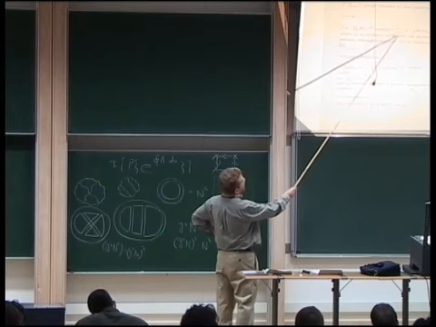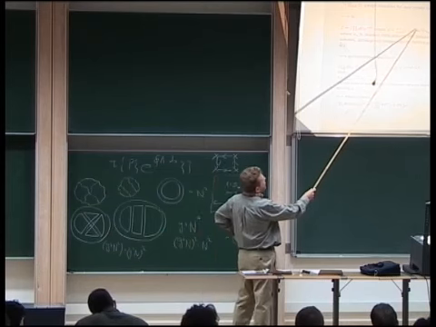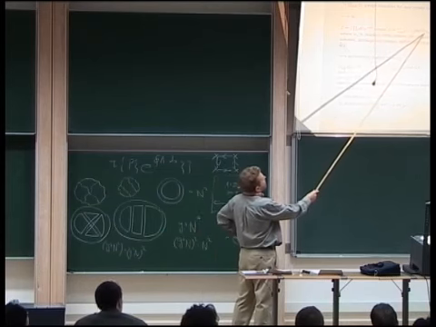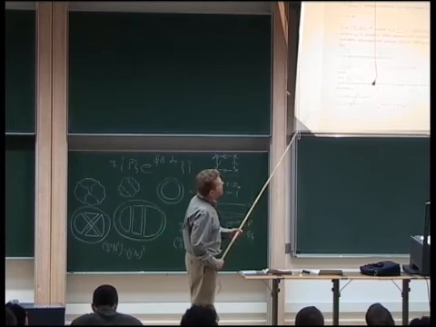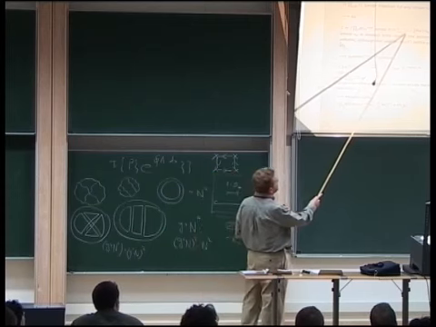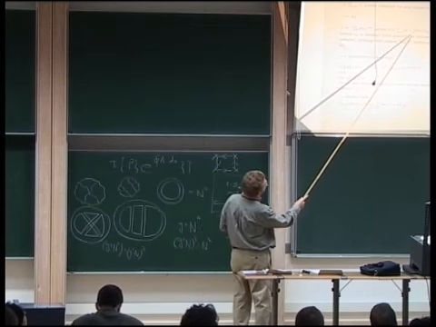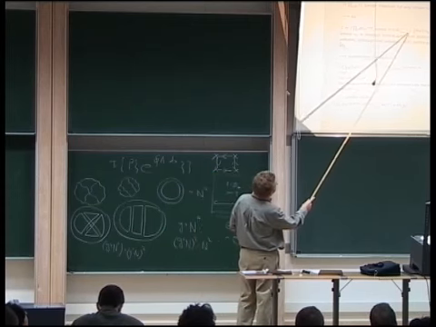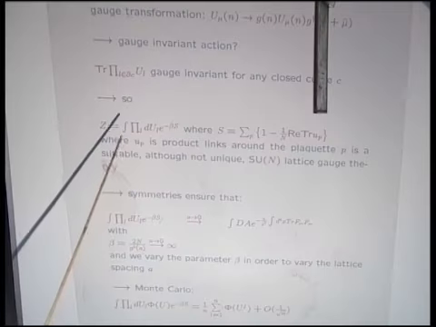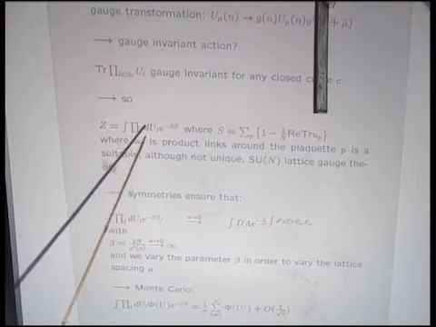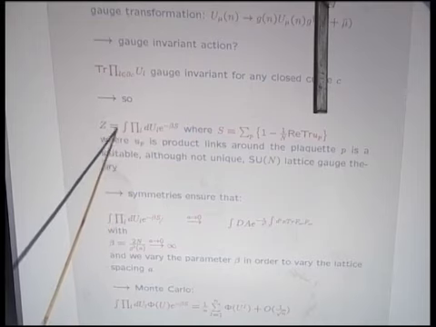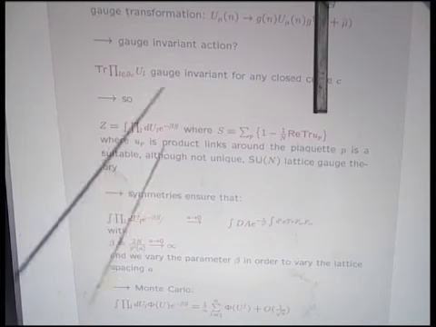So just take the sum over all plaquettes of 1 minus 1 over N, real part of the trace of U of p. The 1 is just a convention. It's convenient because if I write it this way, any constant here would cancel out when you do any calculation, because you always take some expectation value divided by the partition function, and so any constants would cancel out.